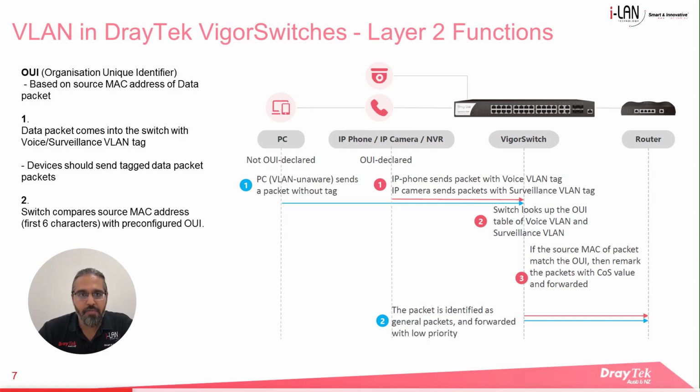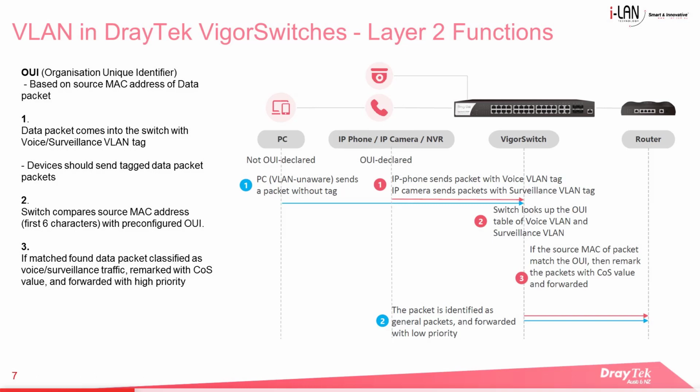The Vigor switch will look up the OUI table, and if the source MAC address is matched, the packet will be classified as voice or surveillance traffic, remarked with a CoS value, and forwarded with higher priority. If no match is found, the data packet will be classified as general and forwarded with general priority.